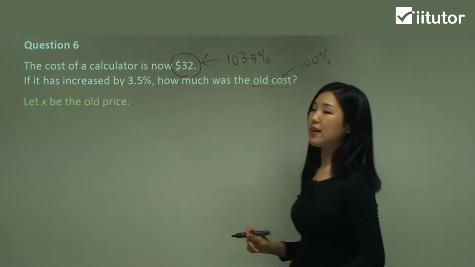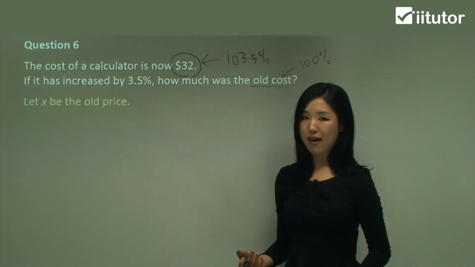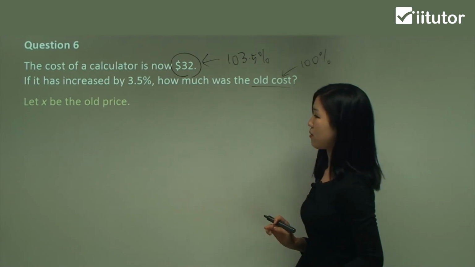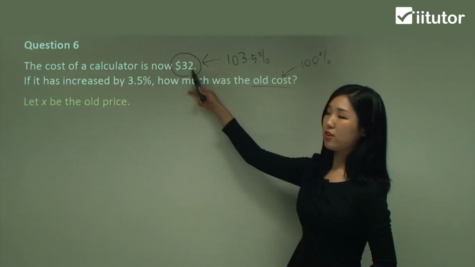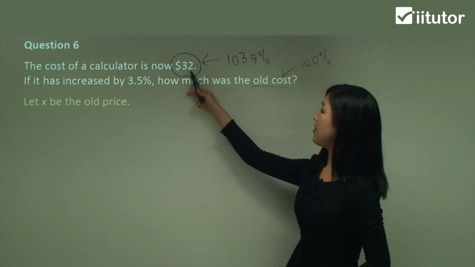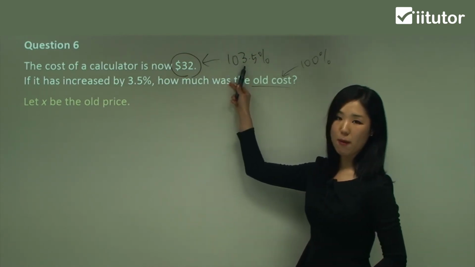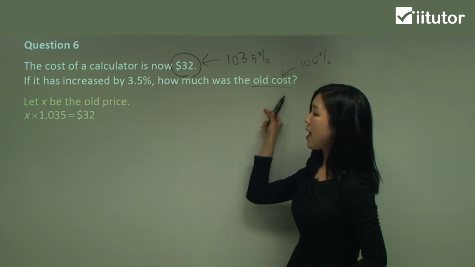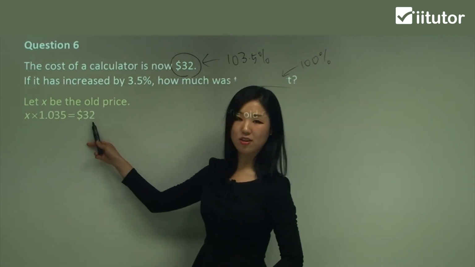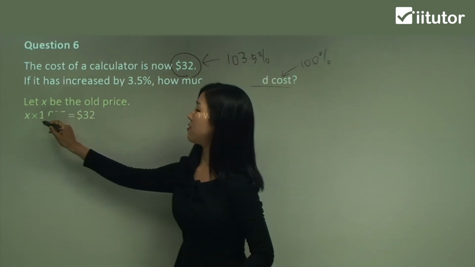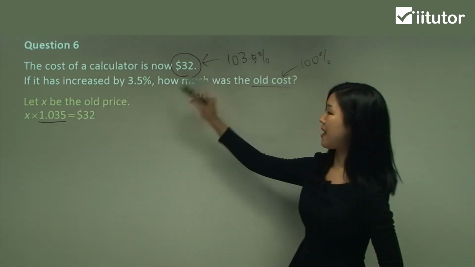So what I'm going to do is let x be the old price. I'm going to use a bit of algebra because that always helps me solve the problem. So if x is the old price and this is the new price, remember how I said this is 103.5%. So x times 103.5% is 32. Okay, so this is just 103.5% as a decimal.